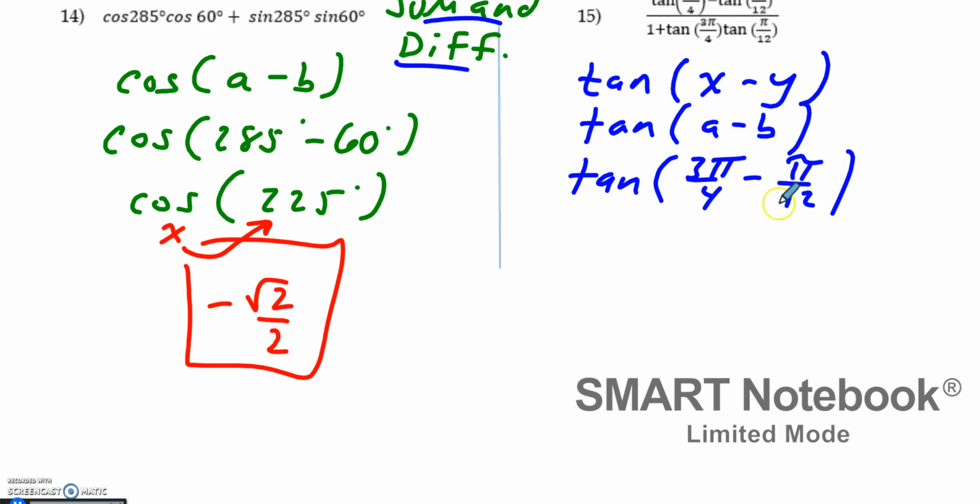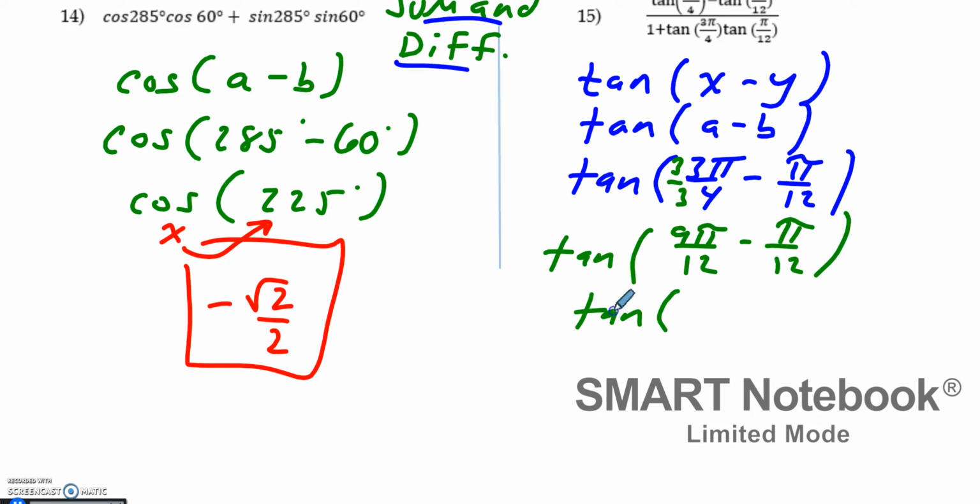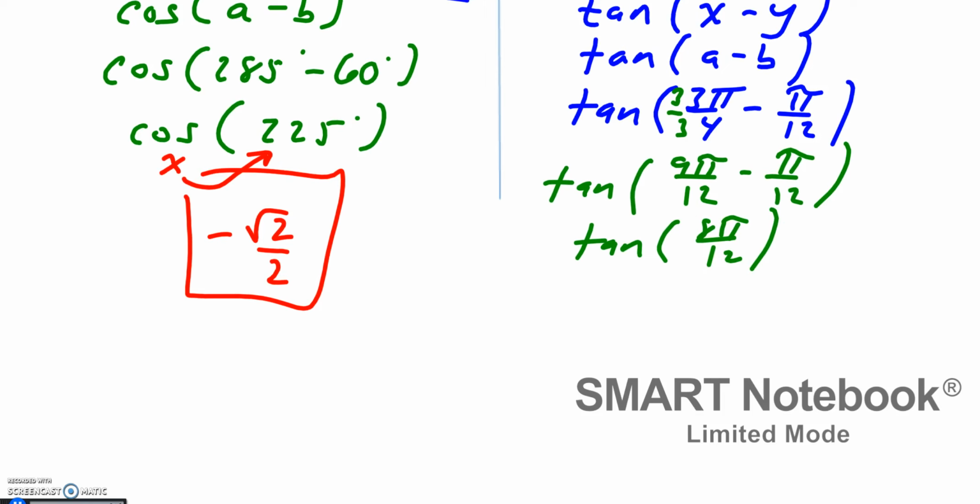Here, we would need a common denominator, so we would multiply the first one by 3 over 3. We would get tangent of 9 pi over 12 minus pi over 12, which is tangent of 8 pi over 12, which, taking out a GCF, is tangent of 2 pi over 3.